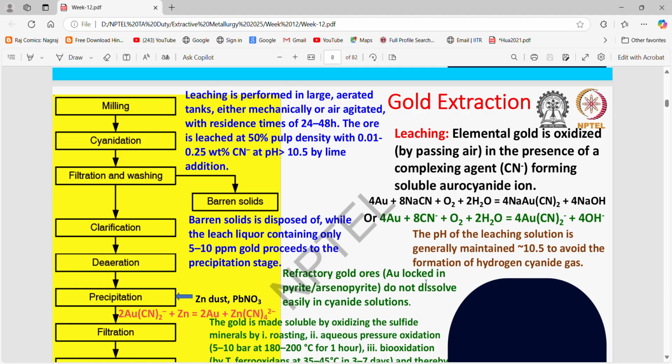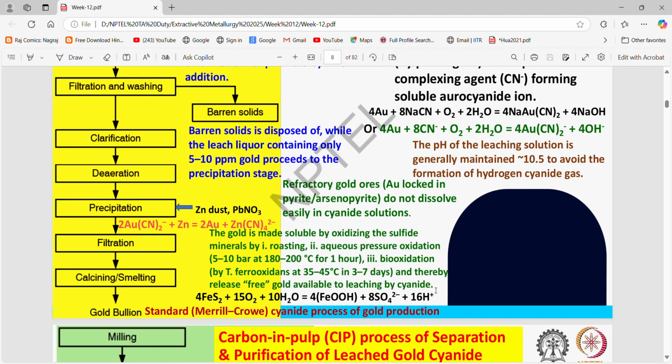After the cyanidation leaching, we generally go with the filtration and washing process to create a barren solid, the impurities which have not dissolved in the cyanide solution, while on the other hand we get a liquid solution containing gold ions. Then we go with the deaeration process, and then precipitation with the help of zinc dust.